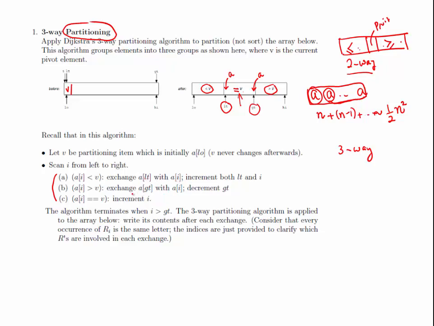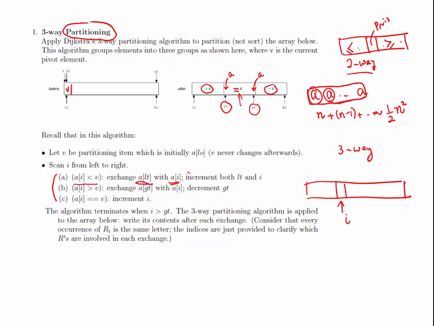So if you have a pointer I pointing to something, and S of I is less than the pivot, then we should exchange S of LT with S of I, so that S of I comes to the left of the pivot. Remember, LT is the first instance of the pivot.